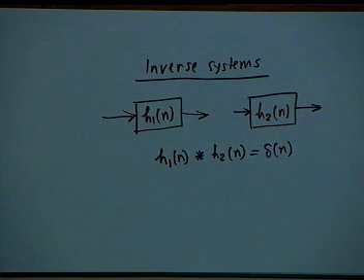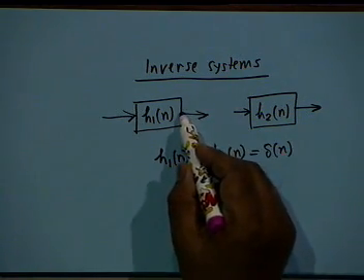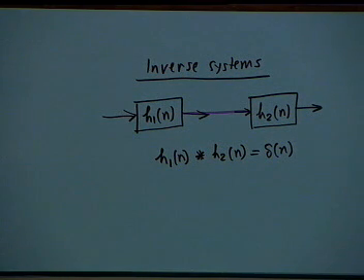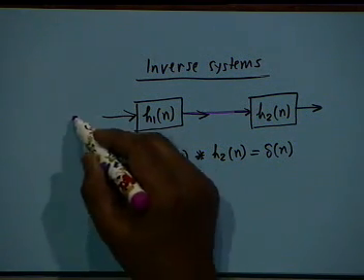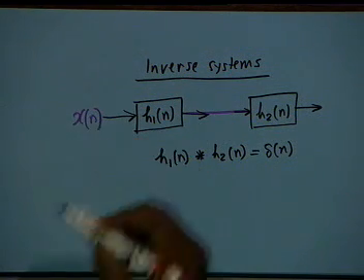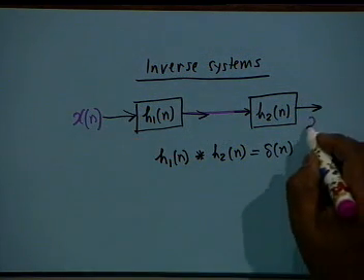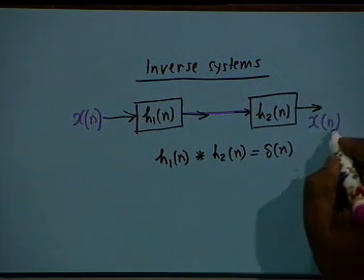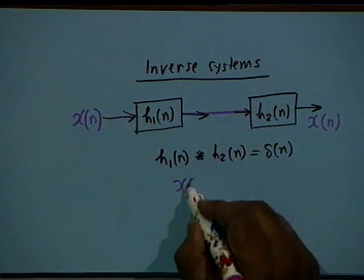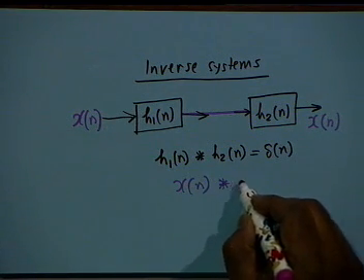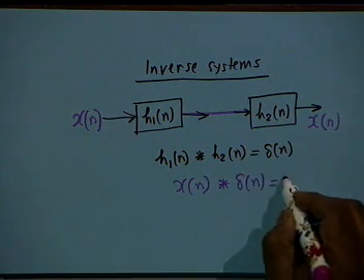If the convolution gives you a unit impulse, then the two systems are said to be inverses of each other. And the reason is very simple: if the output of h1 of n is connected to the input of h2, and if your input is x of n, then the output should also be x of n, because x of n convolved with delta n is simply equal to x of n.